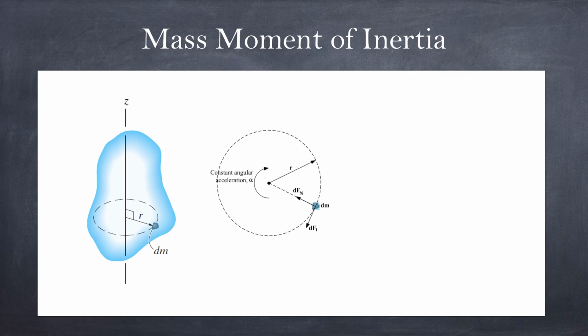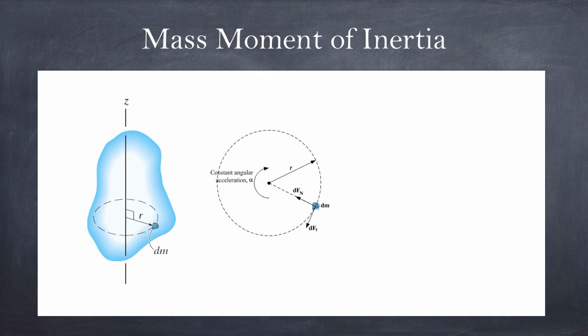We'll see that this small mass is moving in a circle with the radius r. This r is constant for this little mass. However, r will change according to the position of every mass. If it's closer, r will become smaller. If it's further away from the rotational center, then r will be longer, depending on the small mass dm.